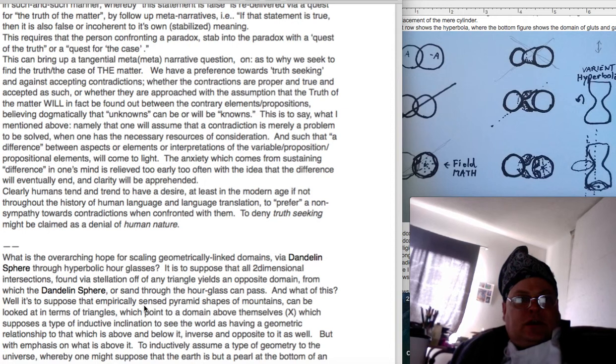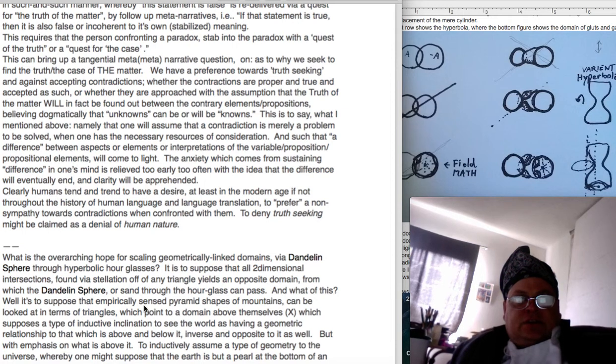This is to say what I mentioned above, namely that one will assume that a contradiction is merely a problem to be solved when one has the necessary resources of consideration, and such that a difference between aspects or elements of interpretations of the variable proposition and propositional elements come to light.